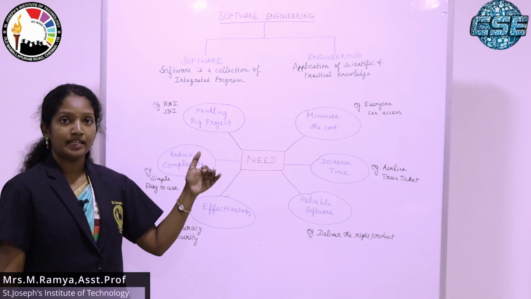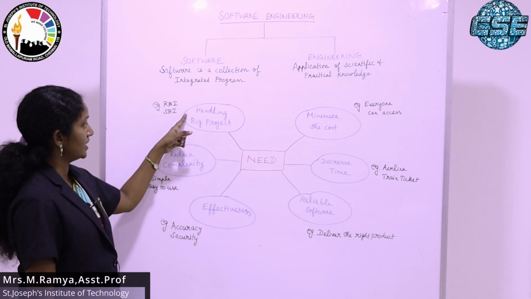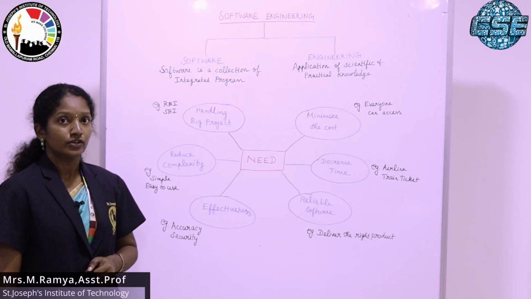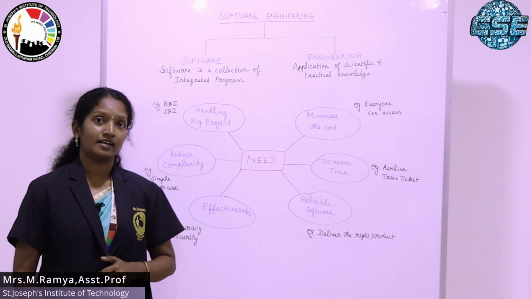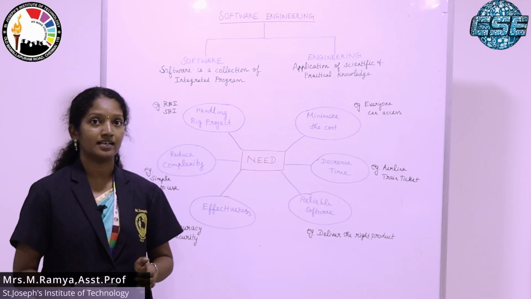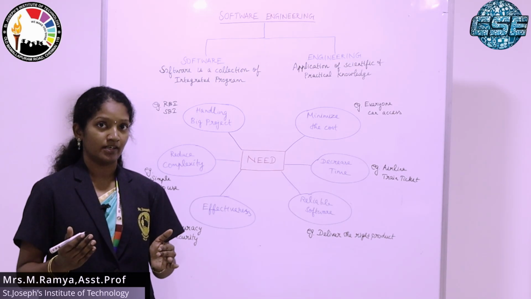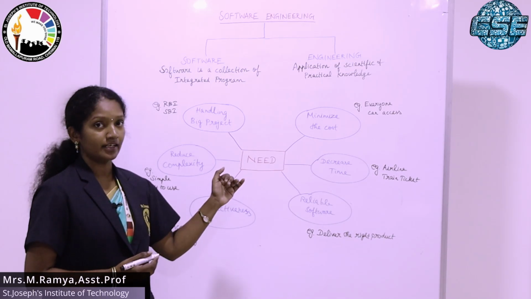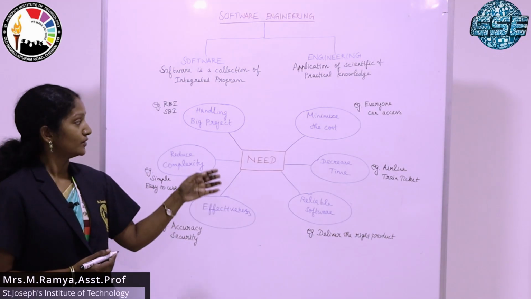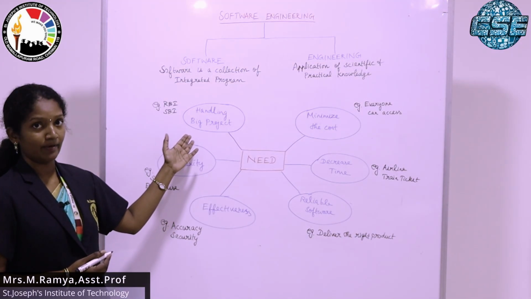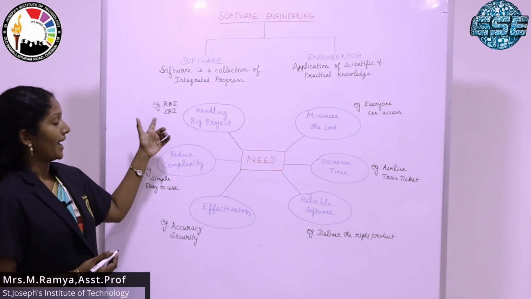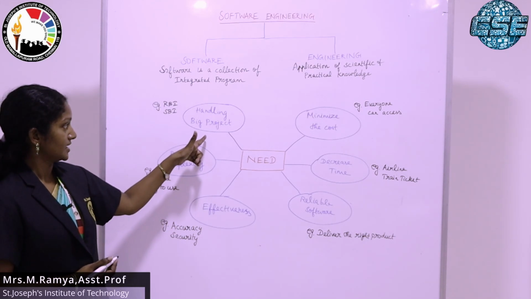First let us see them one by one. Number one is handling big projects. The projects done in the Reserve Bank of India or State Bank of India are very big projects. So software engineering is used for creating those big projects that are needed by various banking companies.